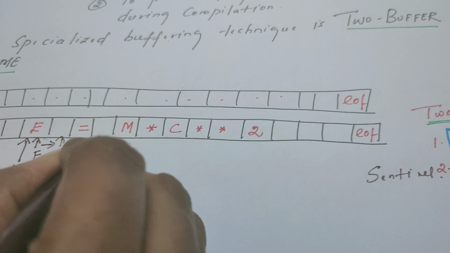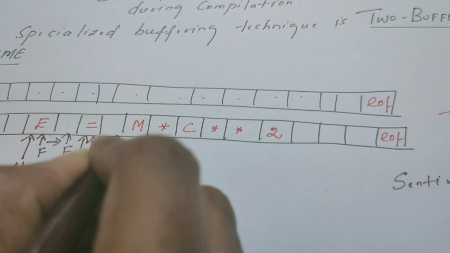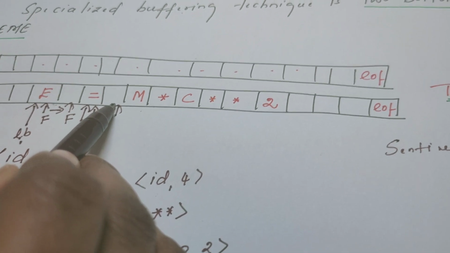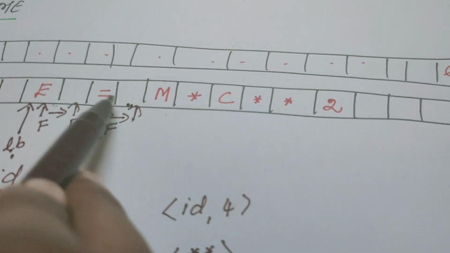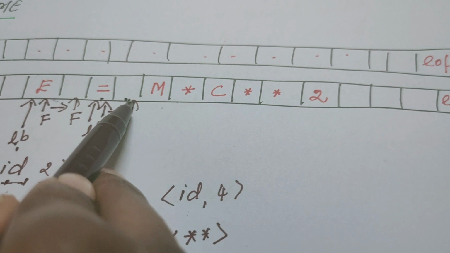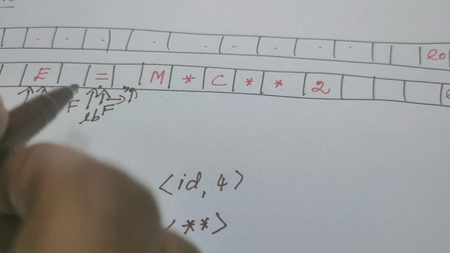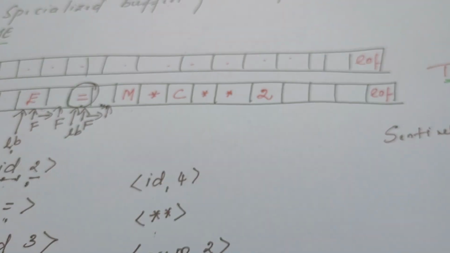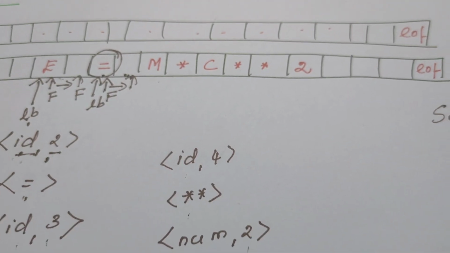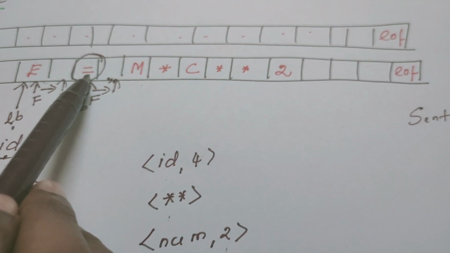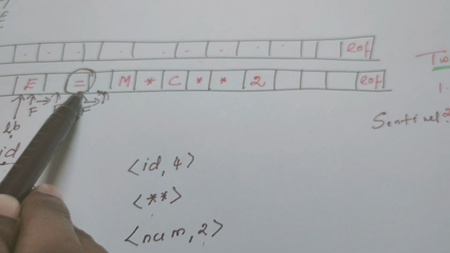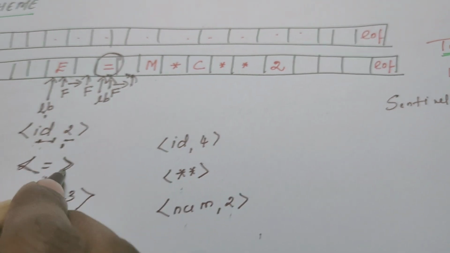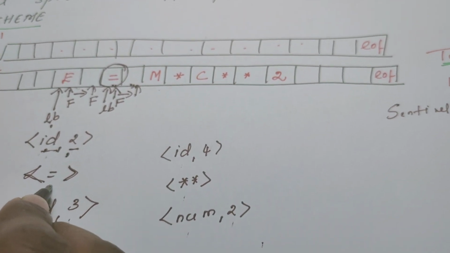As soon as it sees the blank space, it knows that the blank space is not a part of this lexeme, and at the same time it has to ignore the blank space. Now the lexical analyzer has understood that whatever it has read till now is a meaningful word, which is nothing but a lexeme. So it tries to match with the corresponding token. That's why it generated this token: equal to is an operator.